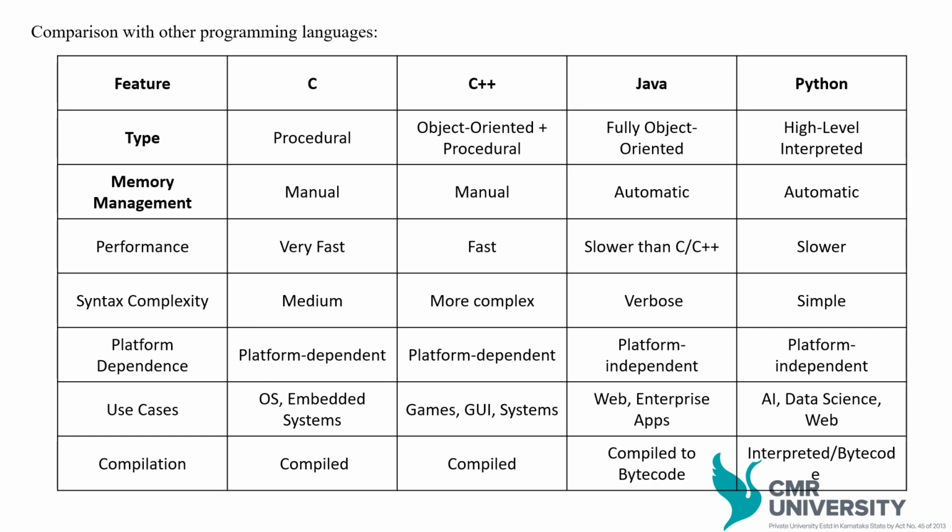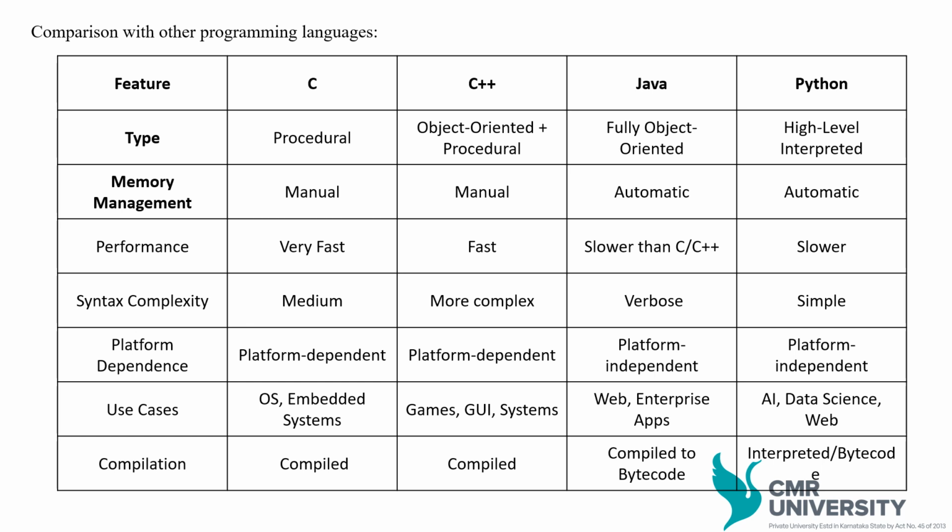Python is a high-level interpreted language. Next is memory management. C and C++ use manual memory management, but Java and Python are automatically memory managed.